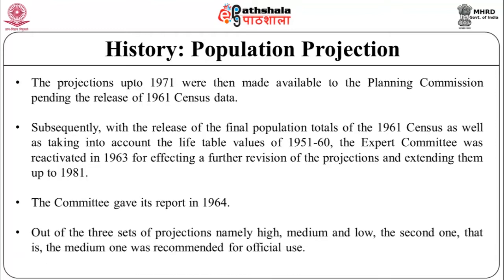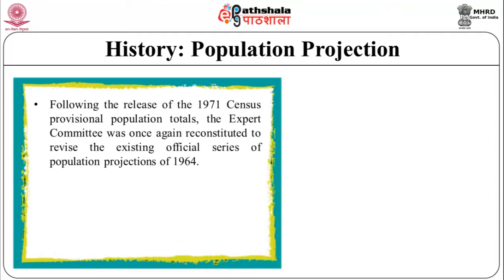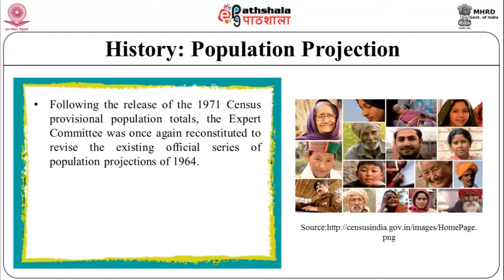Out of the three sets of projections, namely high, medium, and low, the second one, that is the medium one, was recommended for official use. Following the release of the 1971 census provisional population totals, the expert committee was once again reconstituted to revise the existing official series of population projections of 1964.